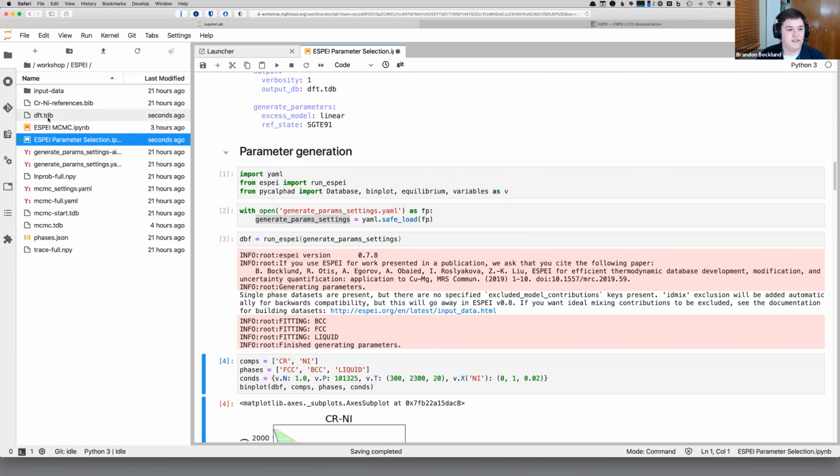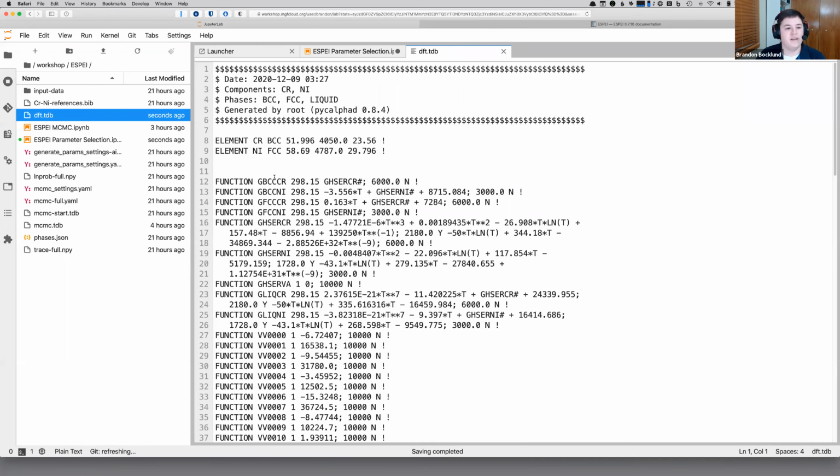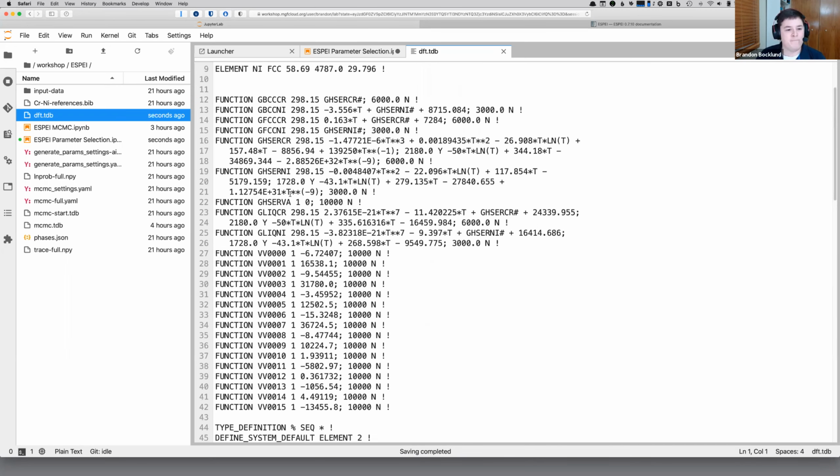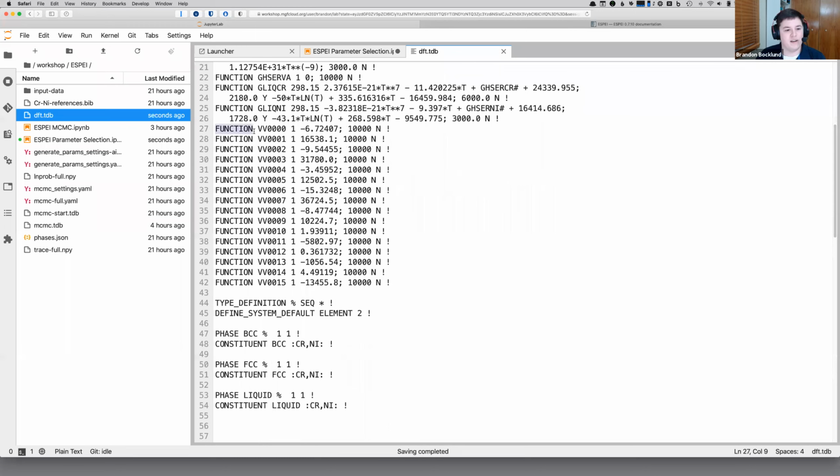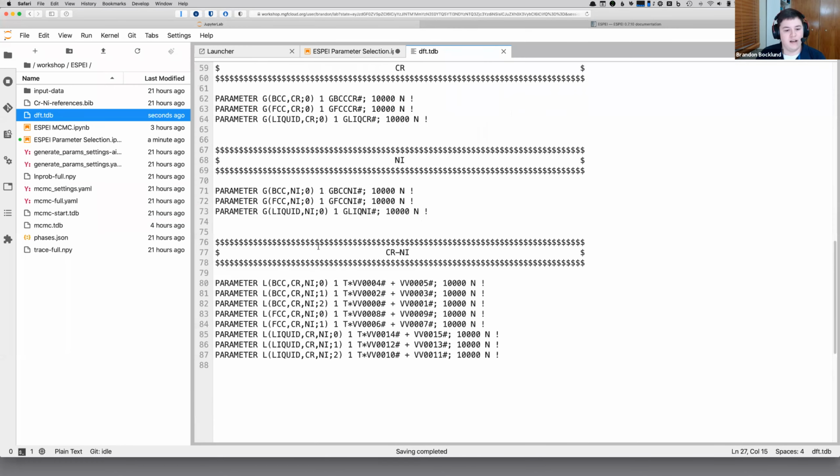You can see here that we just created our dft.tdb. If we open that up, you can see that you have a TDB here that was generated by espei and written by PyCalFed. All the parameters that we fit are stored as functions with VV and some arbitrary number. Those are used below to generate these interaction parameters.